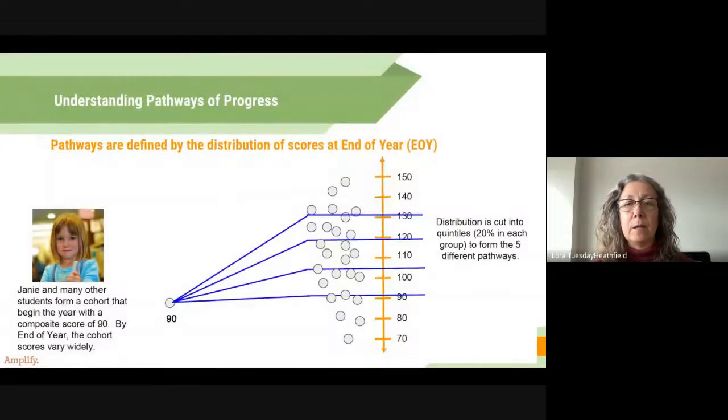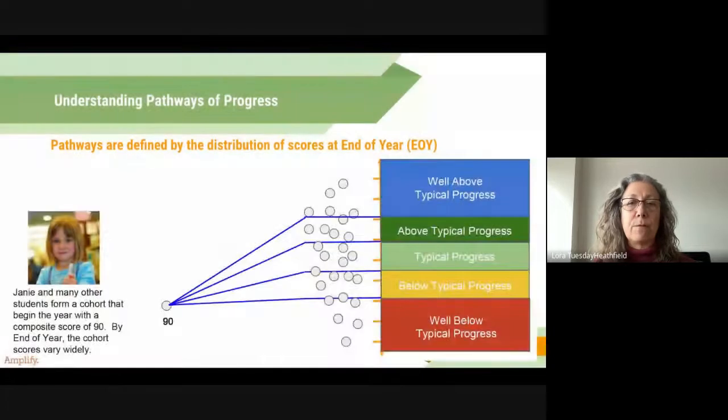And then they divided these end of year scores into quintiles, which are 20% gaps between them, which equate then to those 5 pathways that we talked about previously. So it's essentially a mathematical formula that we can predict then, for all students that start at the same starting point, what kind of level of progress they'll need to make to essentially achieve that end of year goal.